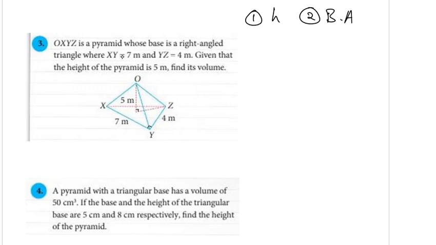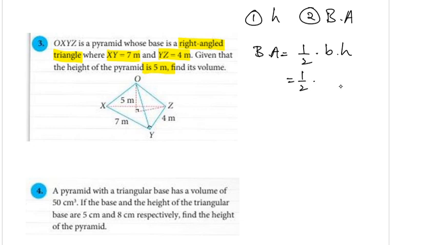So here in this case, you are given the height of the pyramid, which is equal to 5 centimeters, but for the base area, keep in mind that it is a right angle triangle, which has one side which is 7 meters, and the other side which is equal to 4 meters. So we have to find the base area, and for the area of the triangle, we have the formula 1 over 2 multiplied by base multiplied by height.